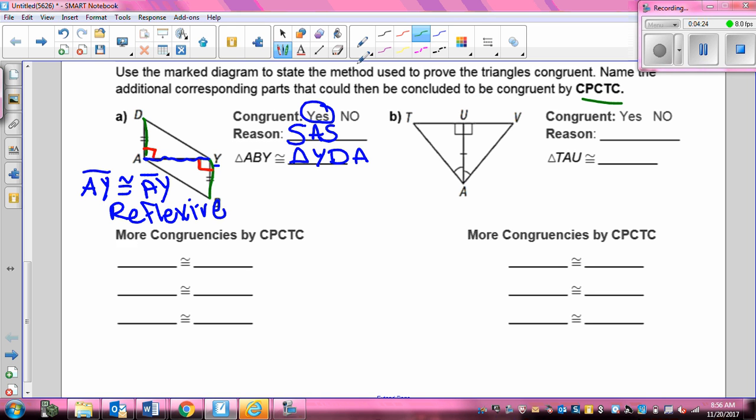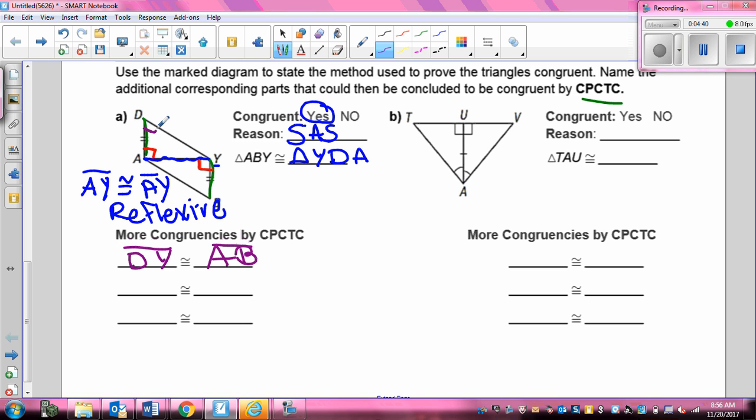Now, after we've proven my triangles are congruent and we've set up our congruency statement, we know more congruencies by CPCTC. We know that this side, DY, is congruent to this side, AB. So I can say DY is congruent to AB. I think that's my last side.